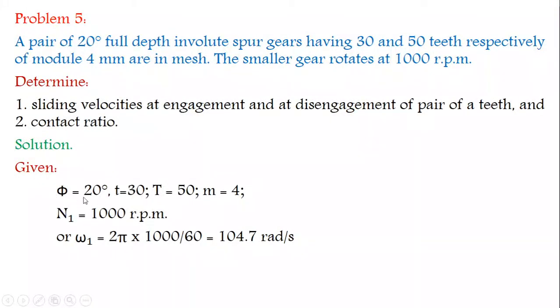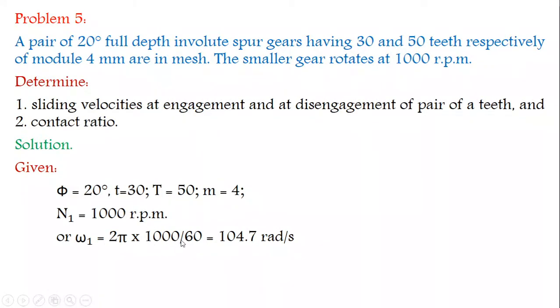Here they have given the pressure angle as 20 degrees, small t equal to 30 and capital T equal to 50, module is 4 millimeter, and the speed of the pinion is 1000 rpm. Using this relation, omega 1 equals 2 pi N1 divided by 60, where N1 is 1000.